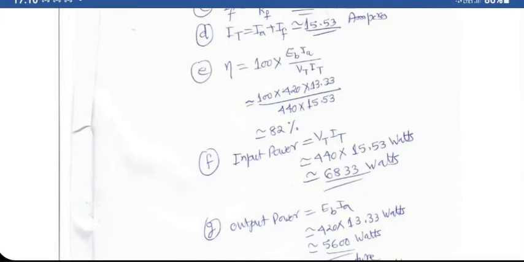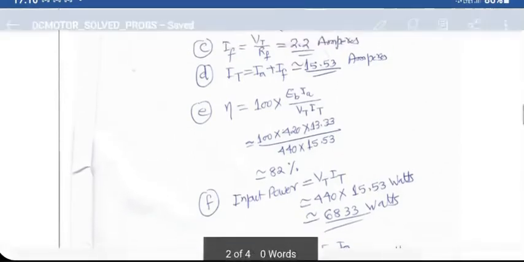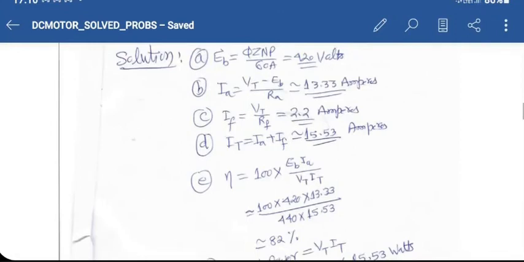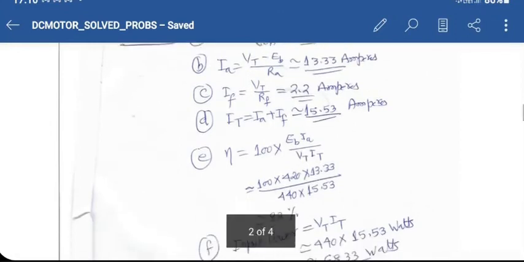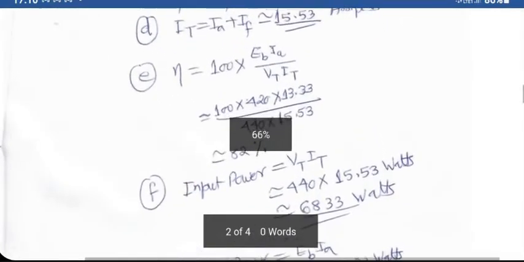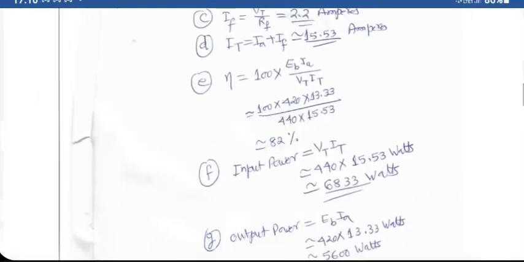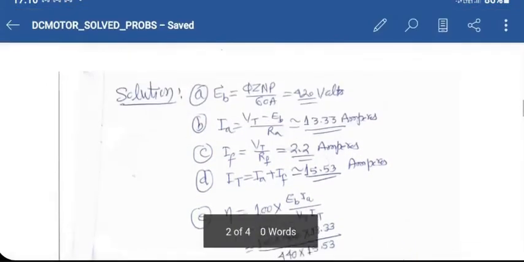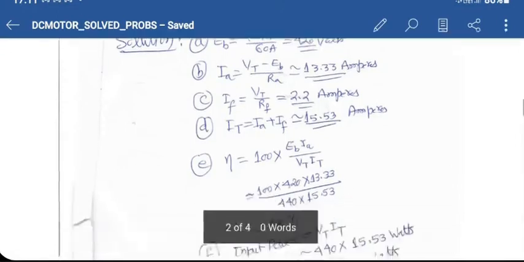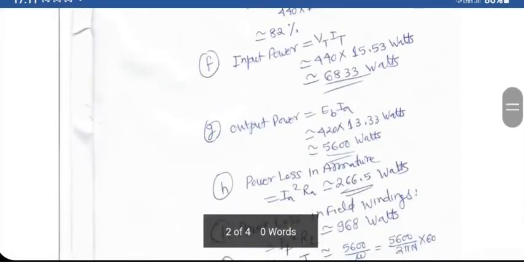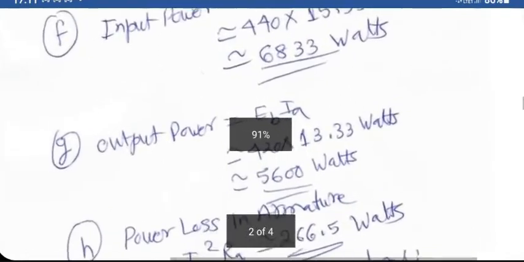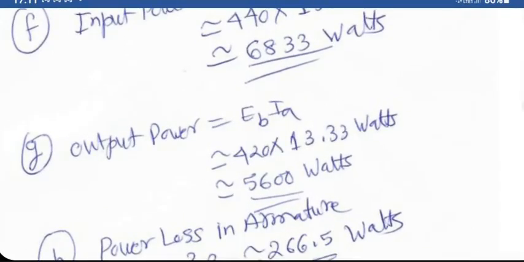Input power. It's simply VT into IT. VT is 440 volts, IT is 15.53 amperes. Multiply the two. Input power is about 6833 watts. Output power is EB into IA. So 420 multiplied by 13.33 amperes. Because mechanical losses are negligible, electrical output power will be same as mechanical output power.